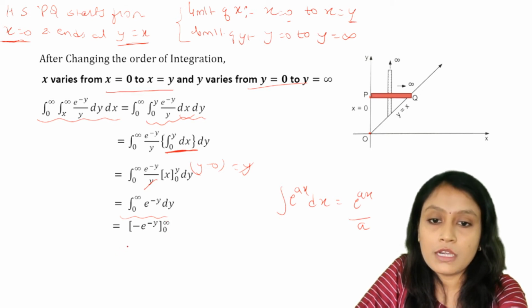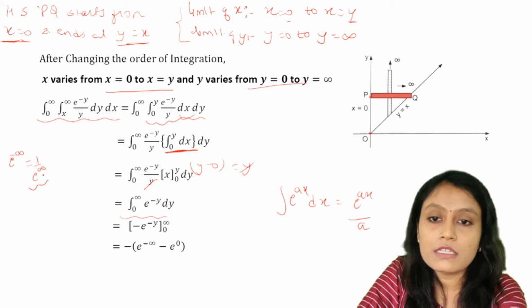Now we substitute the limits: you get minus e raised to minus infinity minus e raised to 0. Now e raised to minus infinity is 1 upon e raised to infinity, and e raised to infinity is infinity, so we have 1 upon infinity, and that is 0.